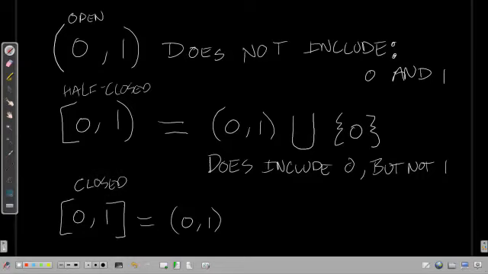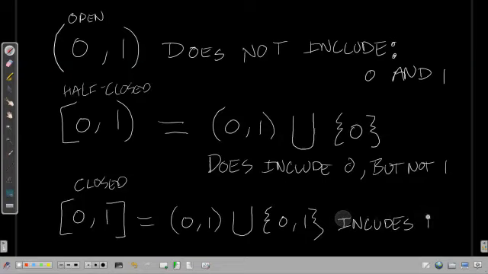And it's the same thing as the open interval plus the finite collection of points, 0 and 1, which means it includes both 0 and 1.